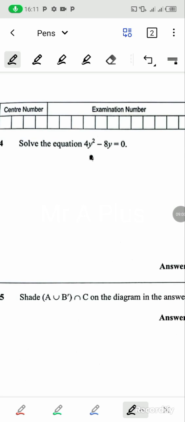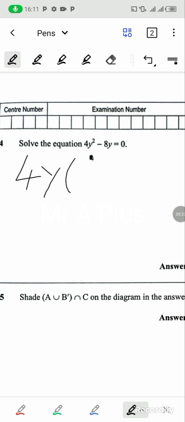This equation is going to be solved by first factorizing it. So for 4y squared and minus 8y, the common thing is 4y. So 4y is our common factor. Then we open the bracket.